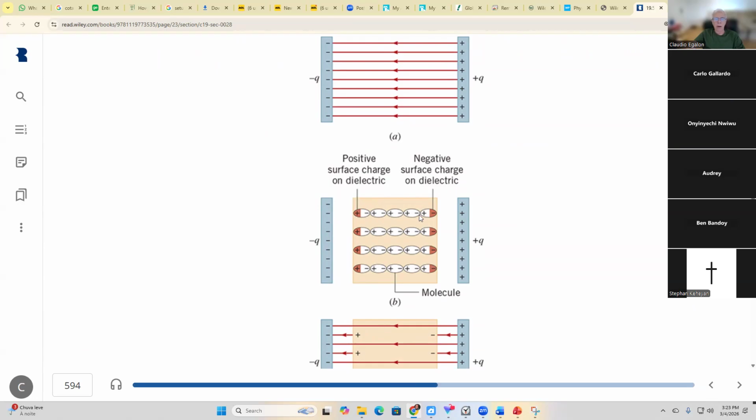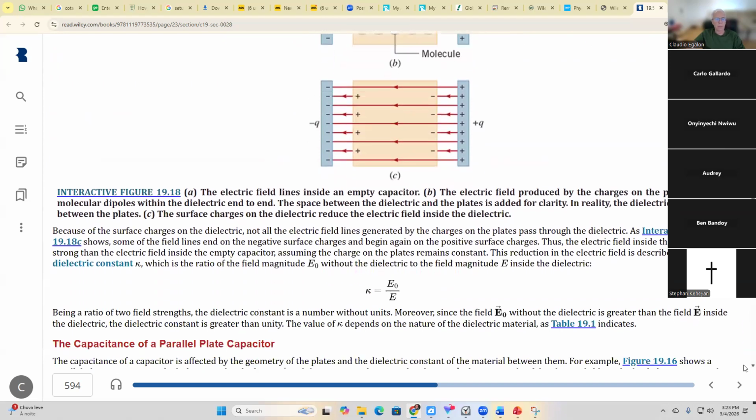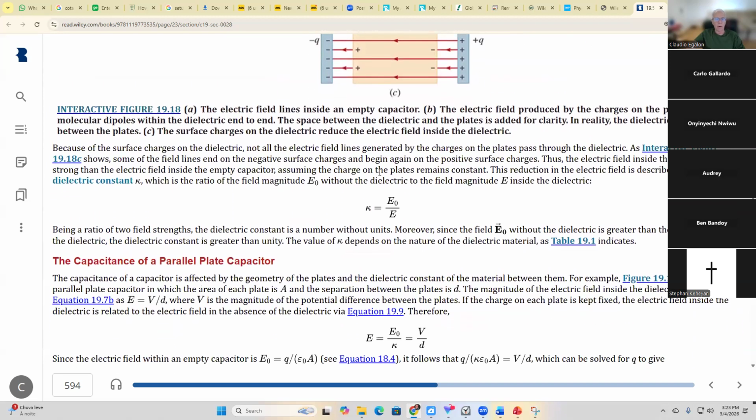The molecules become polarized. The electric field of the polarized molecules decreases the net field, right? And here you go. We have this kappa. We call it a dielectric constant. Reduction in the electric field is described by the dielectric constant kappa.